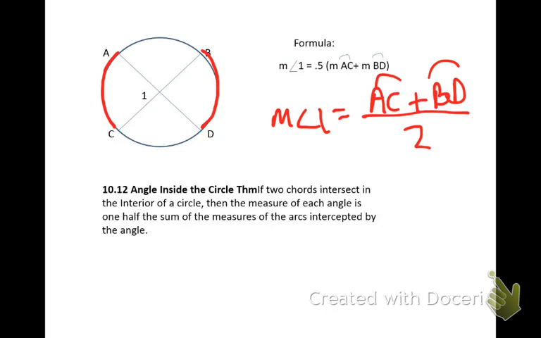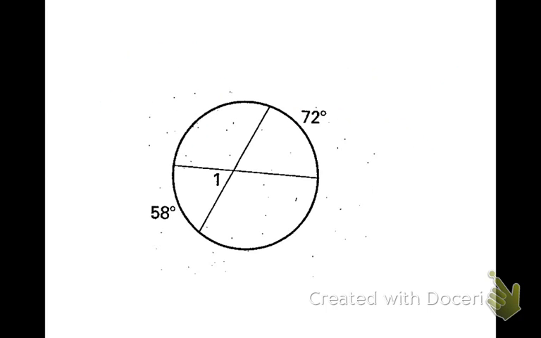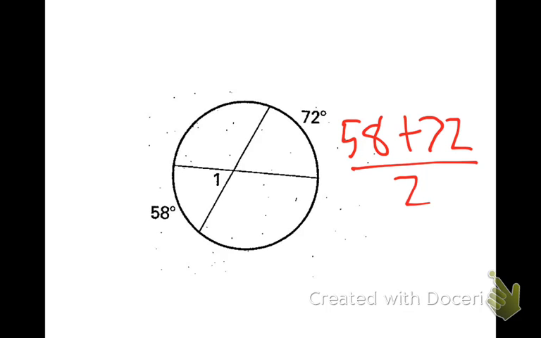Let's look at an example. On this problem, angle 1, the angle intercepts those arcs, so we say 58 plus 72 divided by 2 equals, so that's 58 and 72 is 130, divided by 2 equals 65.